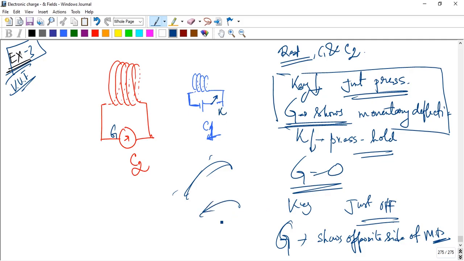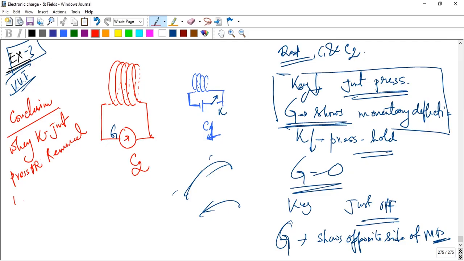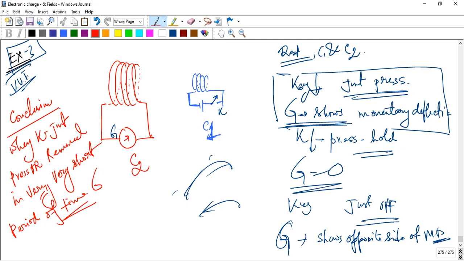So the conclusion is that when the key is pressed or removed, in a very short period of time, the galvanometer shows deflection.